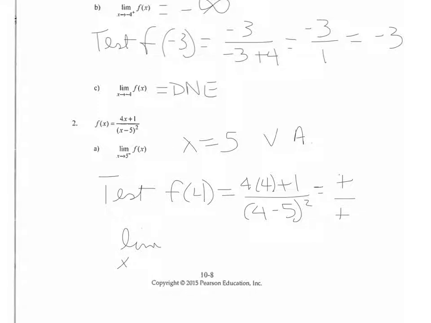This one is a positive 5. So we want to be just to the left of positive 5. All right, so the limit as x approaches 5 from the left of this function has got to be moving toward positive infinity, right? Okay.